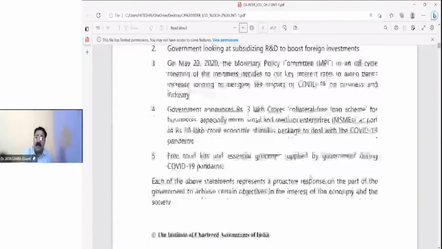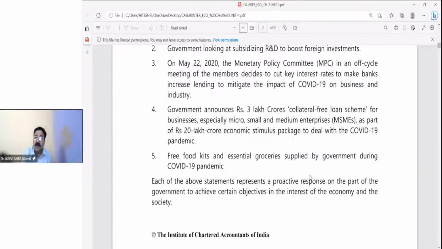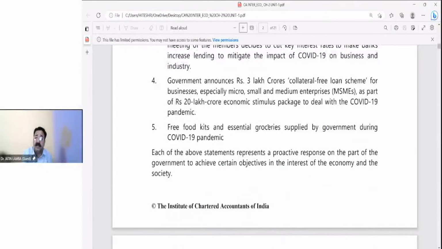The government announces a 3 lakh crores collateral free loan scheme for the business, free food kits and essential groceries supplied by government during COVID-19. What do these headlines signify here? अगर आप इन सभी स्टेटमेंट्स को देखेंगे तो इन सारी स्टेटमेंट्स में क्या चीज निकल के आ रही है? Each of the above statements represents a protective response on the part of government.